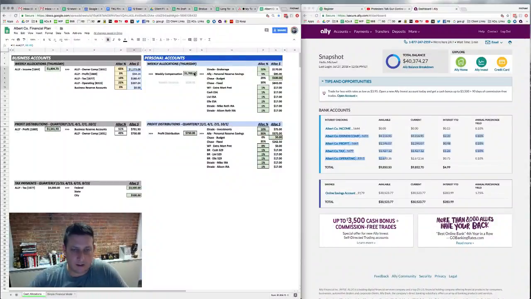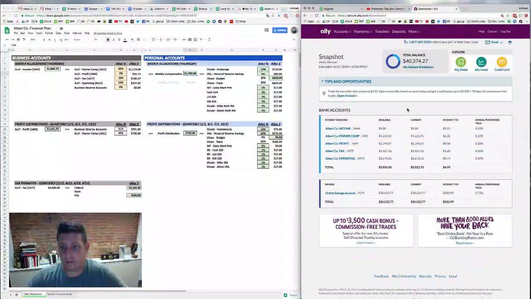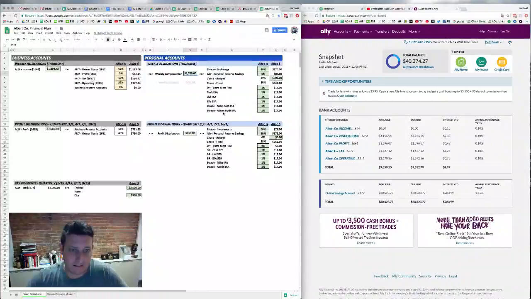So next, I'm going to do the same kind of idea for paying myself. So for this quarter, which is the third quarter of 2018, I'm paying myself $1,700 per week. So the way I do that is I do a very similar allocation, but I have a few extra accounts. So I've got a brokerage account. The smartest people out there are going to tell you to save money first.